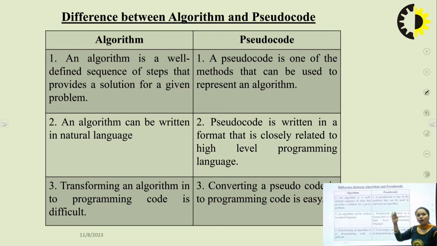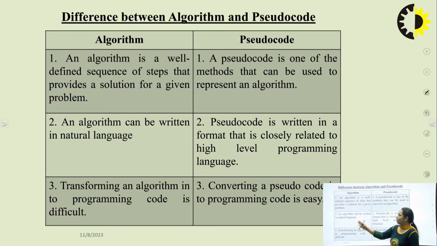Pseudocode is the next step for the algorithm towards programming. So the first step is the algorithm. After writing the algorithm, we can write the pseudocode, and after that we can easily write the program.